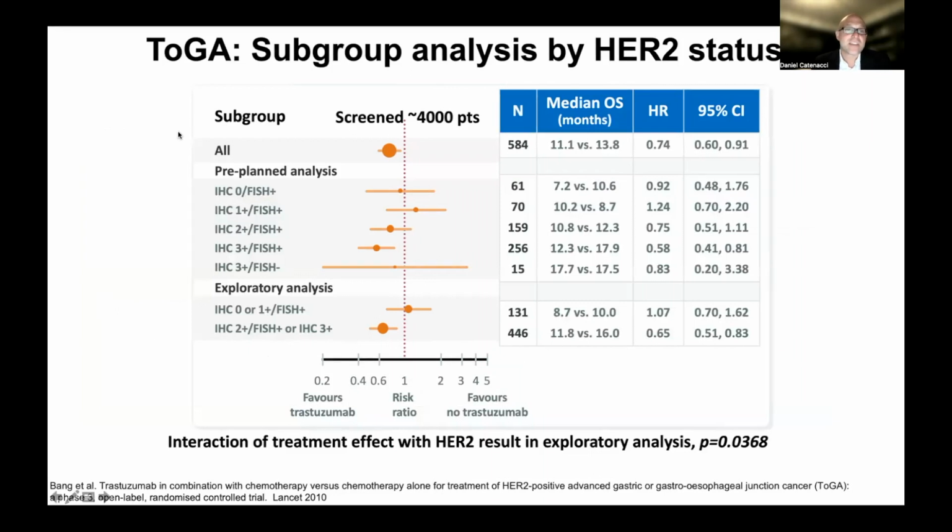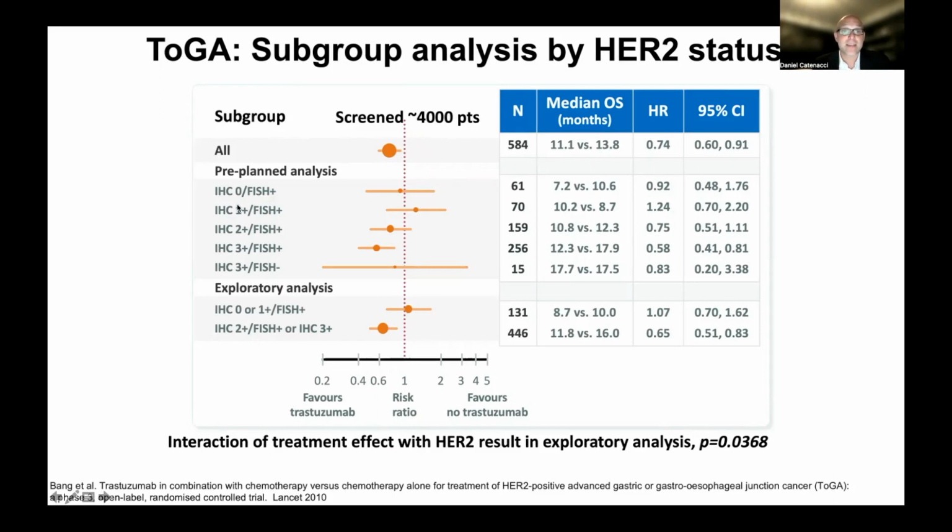And so you can see in all the patients enrolled, after screening about 4,000 patients, 584 patients were considered HER2 positive and otherwise eligible for the study. You can see that there is a benefit of getting anti-HER2 therapy with trastuzumab, as we showed on the previous slide.